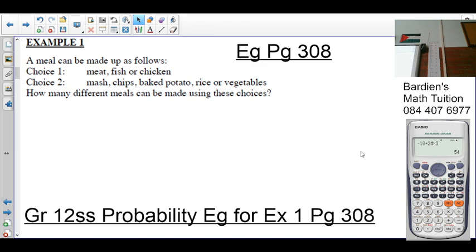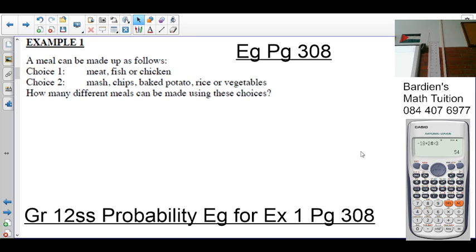Where I'm from, we eat meat and chicken together, and chips and rice and others together. But you guys are different. You guys are normal. So you will have one of the following. They want to know how many different meals can be made using these choices.